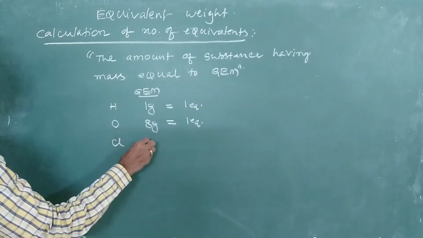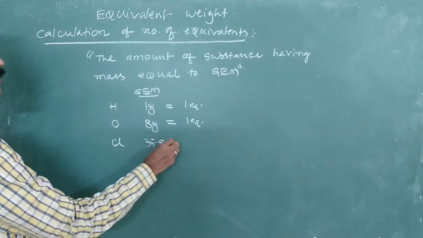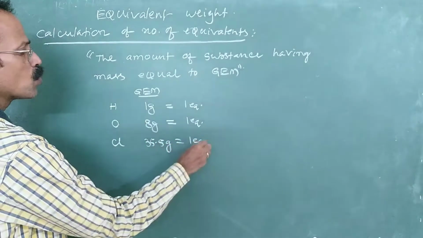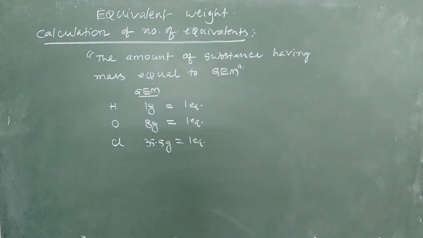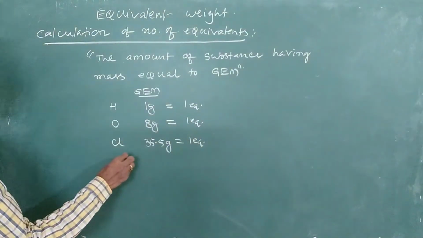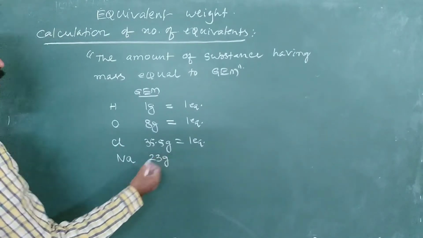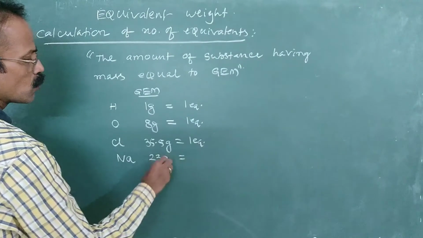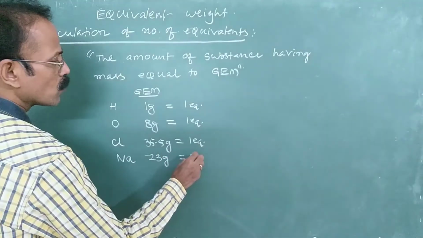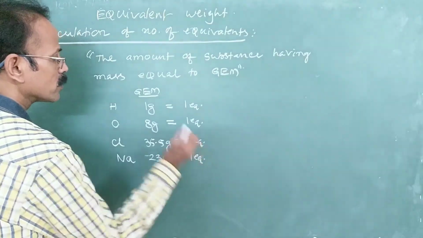Chlorine, gram equivalent mass is 35.5 gram, and that amount is equal to 1 equivalent of chlorine. For sodium, it is equal to 23 gram. So now 23 gram of sodium is equal to 1 equivalent.